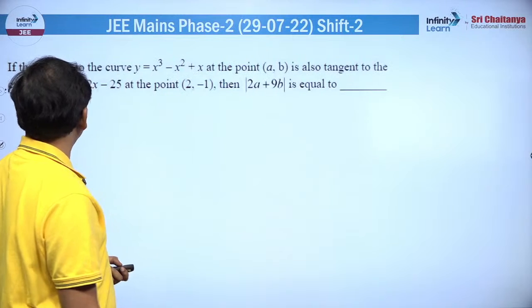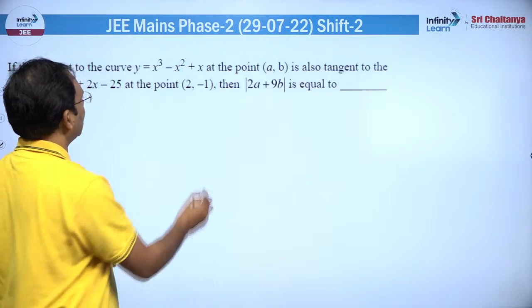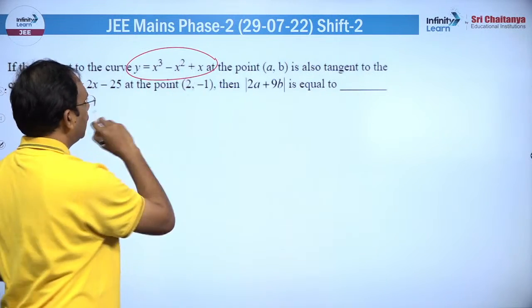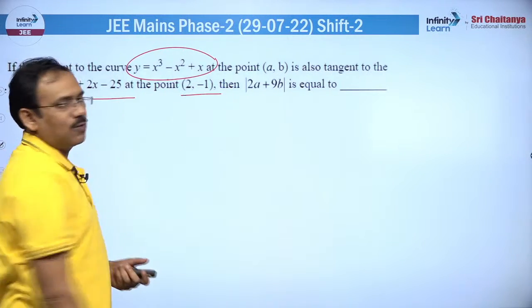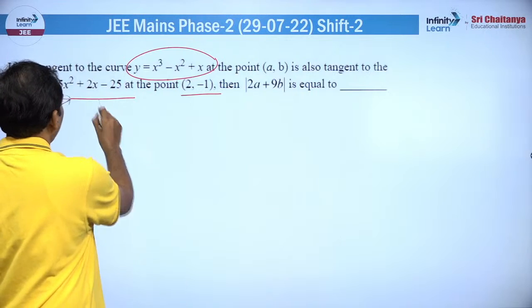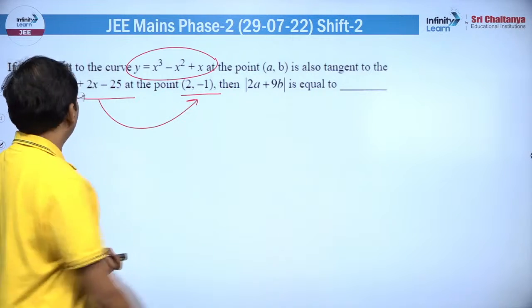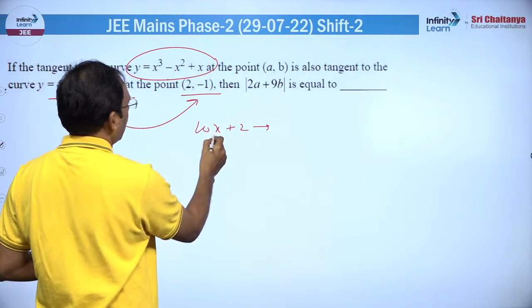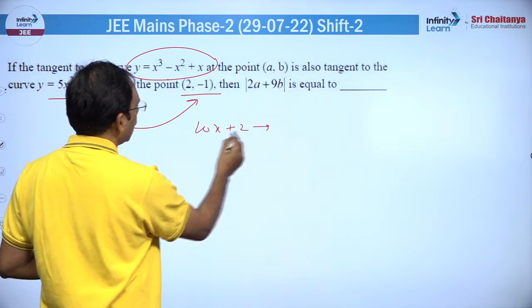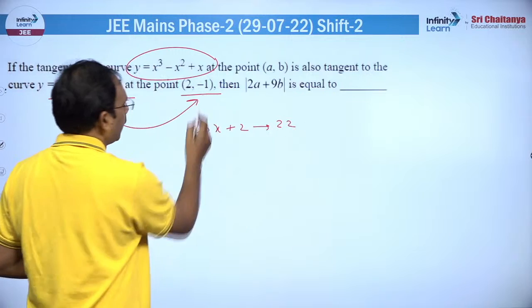Next, my dear friends, the tangent to the first curve at the point a comma b is also tangent to this curve at the point 2 comma minus 1. Here you can find it is a tangent at this point, because the derivative is 10x plus 2 at the point 2 comma minus 1, meaning 22 is the slope, and the point is known.